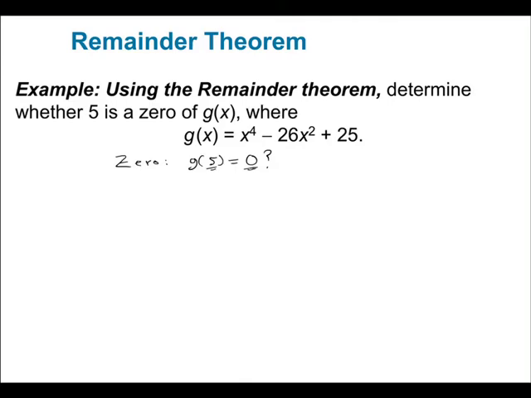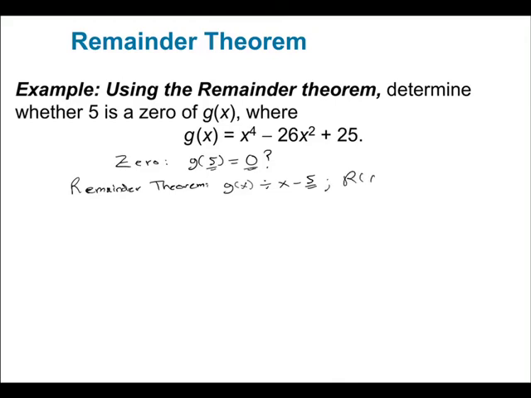Well, let's find out, would that be the remainder? So let's use the remainder theorem. Let's write down what we just went over on our previous slide. So our function g of x, our question is this: as we divide g of x by x minus the input, x minus 5, we want to find the remainder.